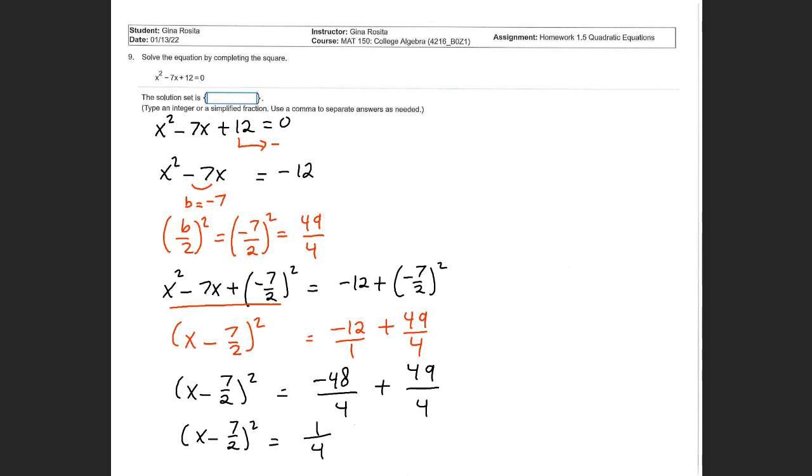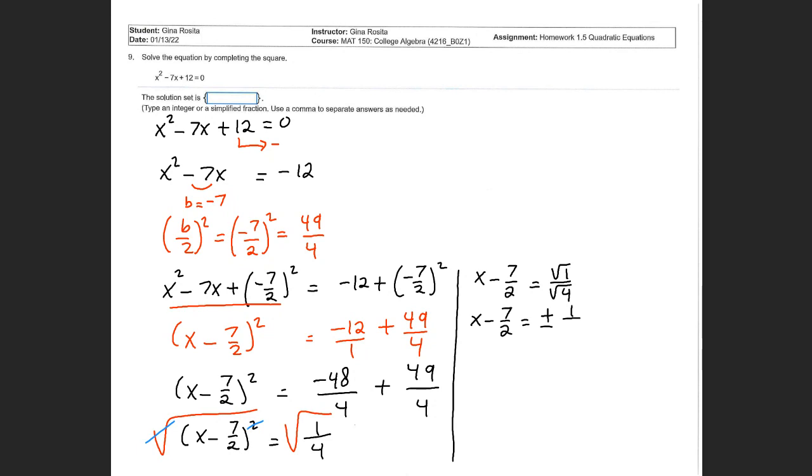So now we have to take the square root of both sides. I take the square root of this one and the square root of this one, so the square root cancels the square. Now x minus 7/2 equals the square root of 1 over the square root of 4. You can write it like that. So x minus 7/2 is plus or minus 1 over the square root of 4, which is 2.